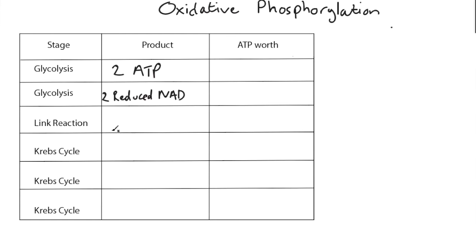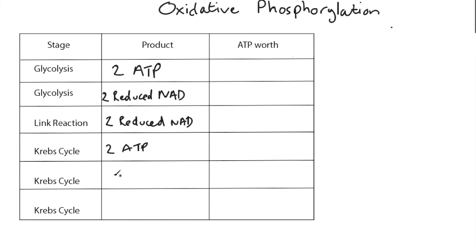In the link reaction, we didn't produce any ATP, but because it happened twice, again we produced 2 reduced NAD. And in the Krebs cycle, we produced 2 lots of ATP.